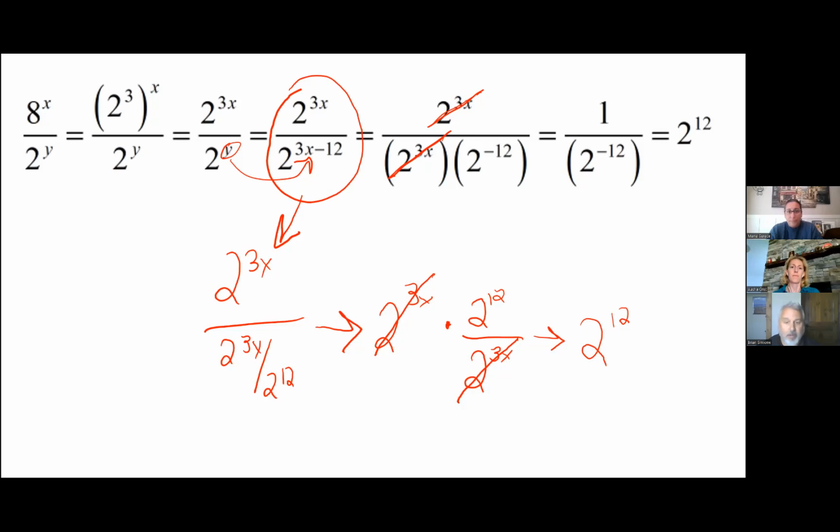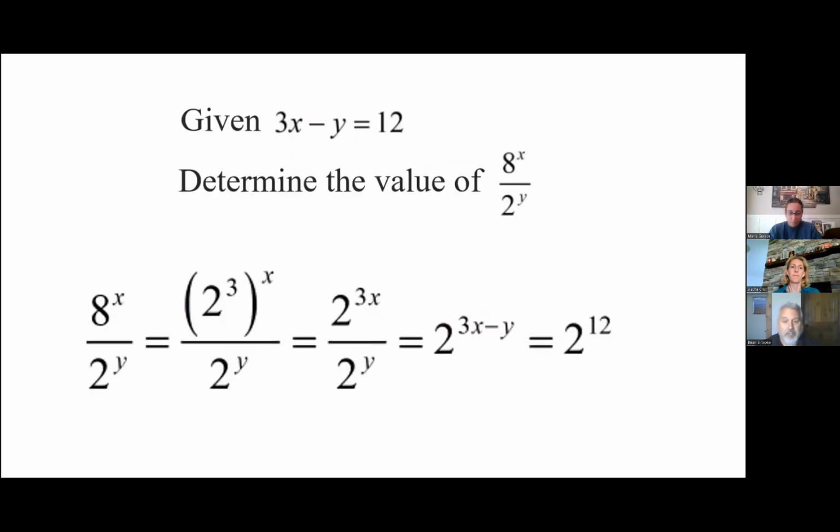Well, I did prompt him to remember that 2 cubed is equal to 8. And when I saw he could not progress any further, I wrote the exponential rules out for him. And we applied the rules of exponents in a slightly different order than you mentioned before. We recognized the power rule in the numerator, that 2 cubed raised to the x power. In that case, you would multiply your exponents to obtain 2 to the 3x power.